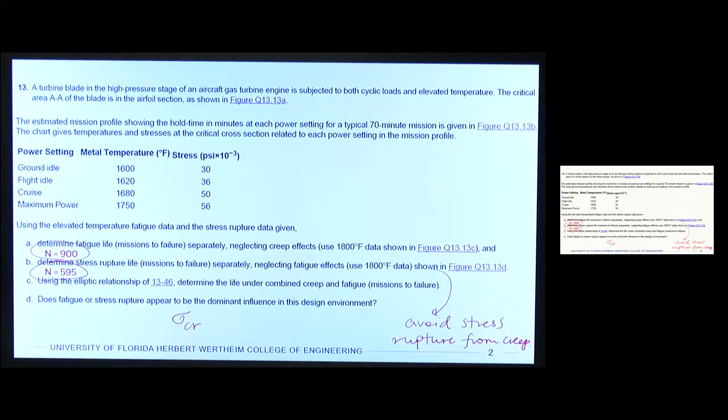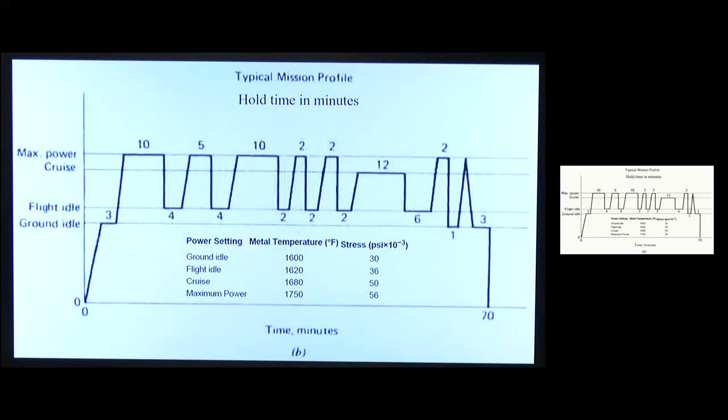Then I'll make some comments on the ways that we chose to calculate the life so far, and then we'll spend some time on part D: does fatigue or stress rupture appear to be the dominant influence in this design environment? This was the typical mission profile, where we switched back and forth between the power settings in this sort of mode, and it gives us the time at each mode.